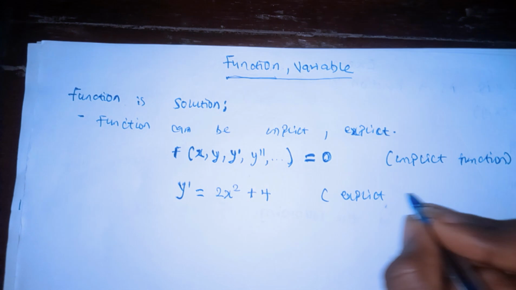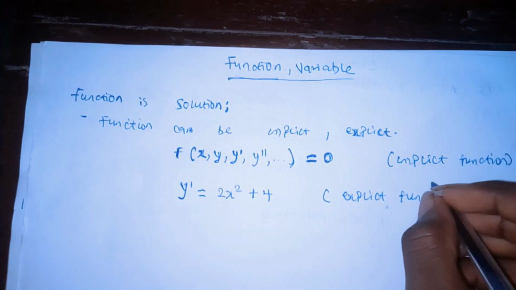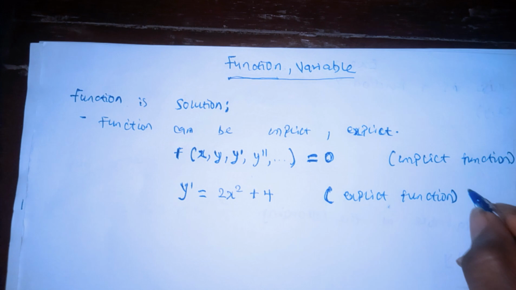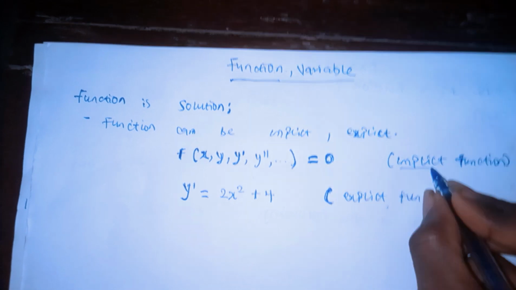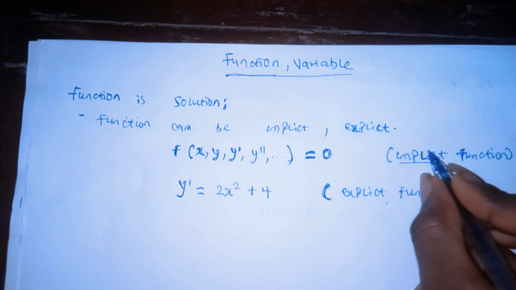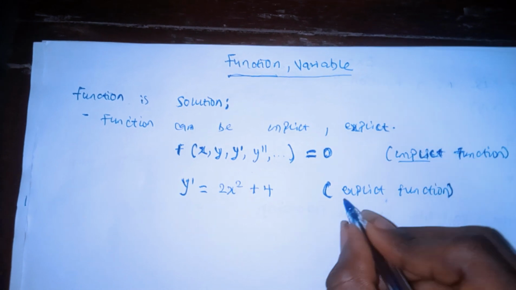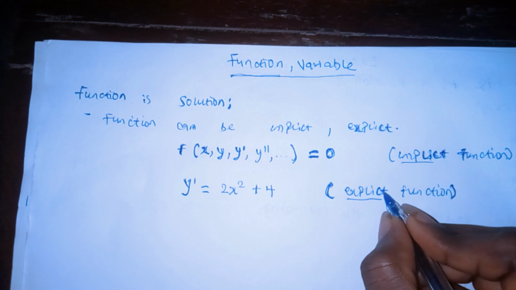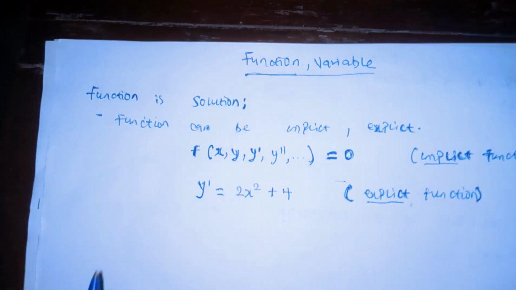The knowledge of implicit and explicit will make you understand what they are. The implicit is too complex, but explicit is explaining what the implicit function is all about.